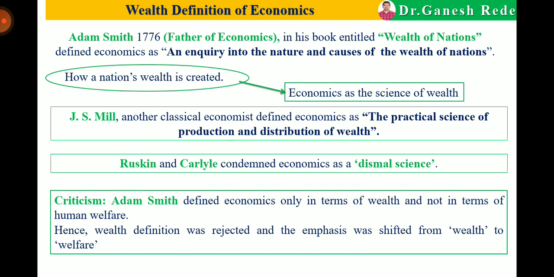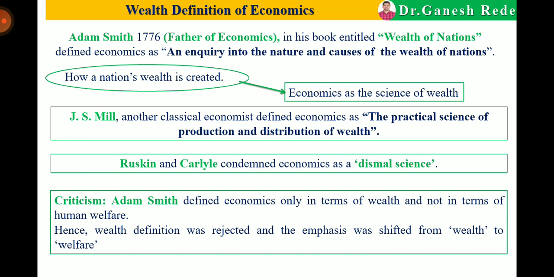Then another classical economist, J.S. Mill, defined economics as the practical science of production and distribution of wealth. So these are the two wealth definitions of economics.